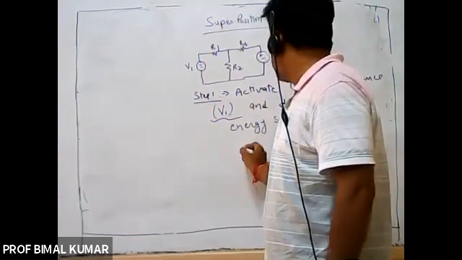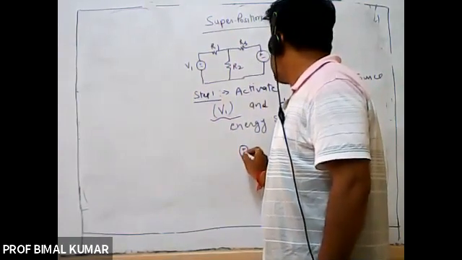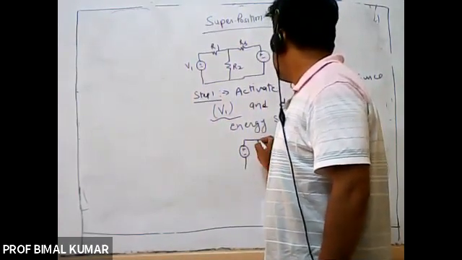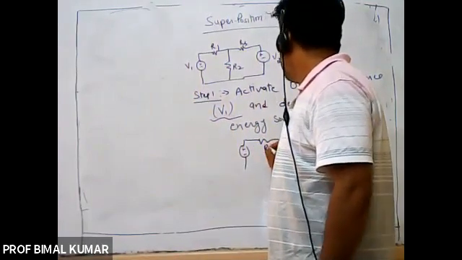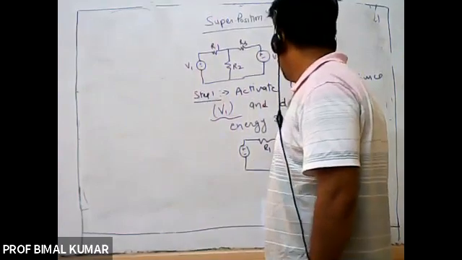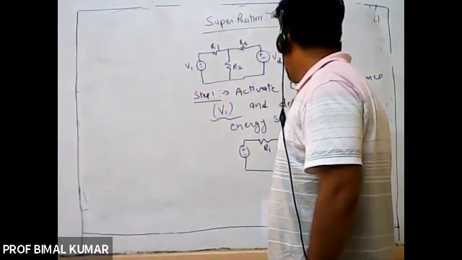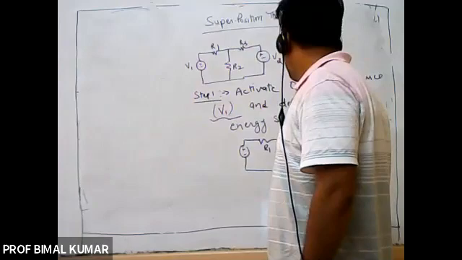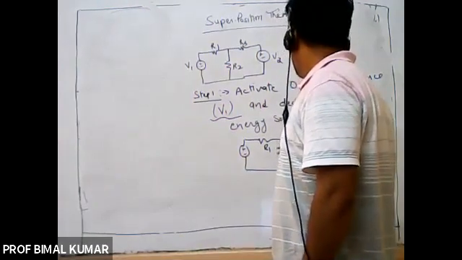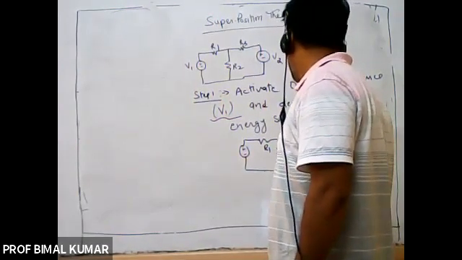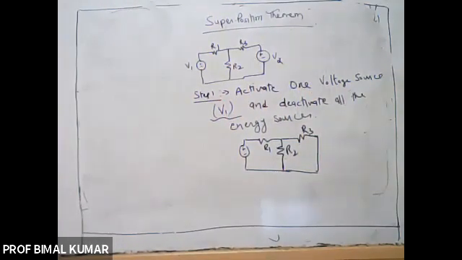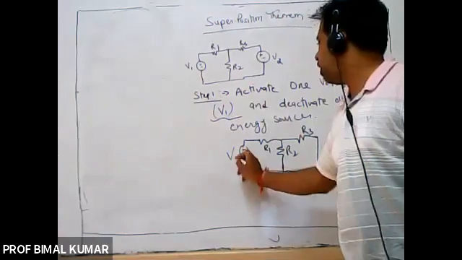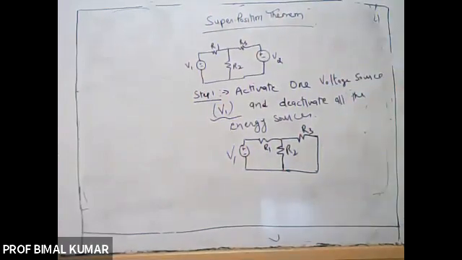So after applying the first step, this will be your equivalent circuit. V1 will remain there because it is in the active state. R1, then here it will be R2, and it is R3. This voltage source will be replaced by short circuit. Right? Now this is the circuit after applying the first step.